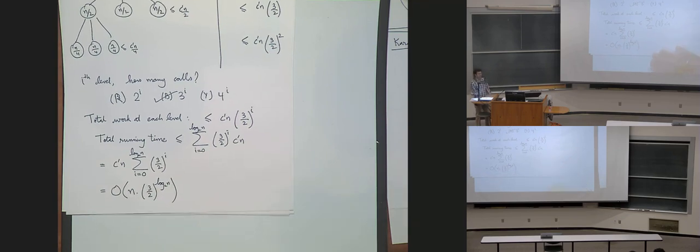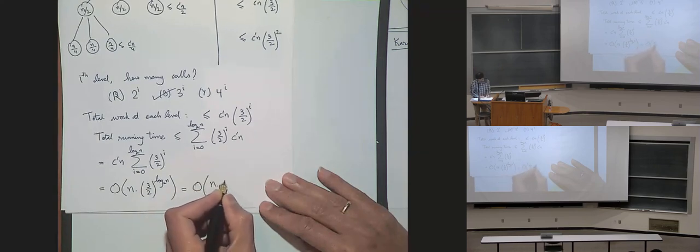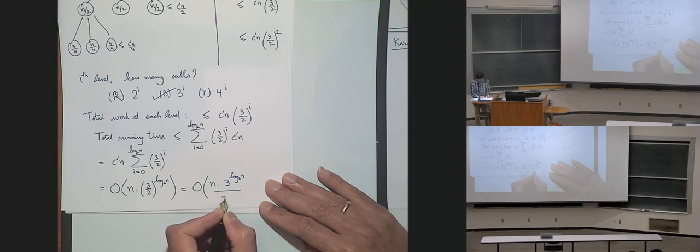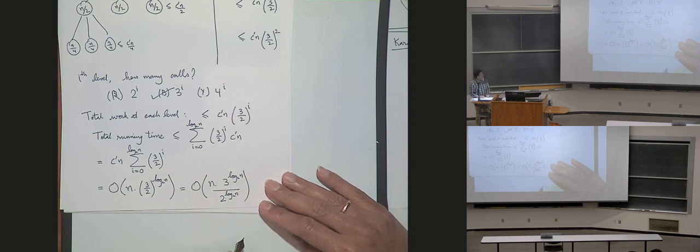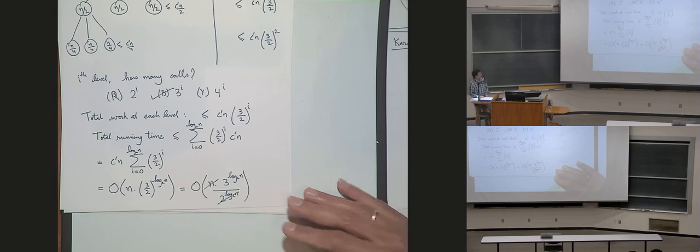Right? That was what the last term is. That's what the sum is. And so you get O of n times 3 to the log base 2 of n divided by 2 to the log base 2 of n. Okay? Now, these are just the same thing.